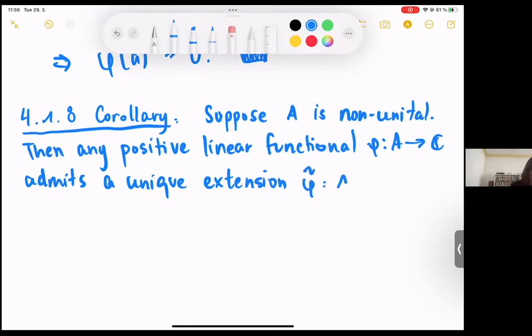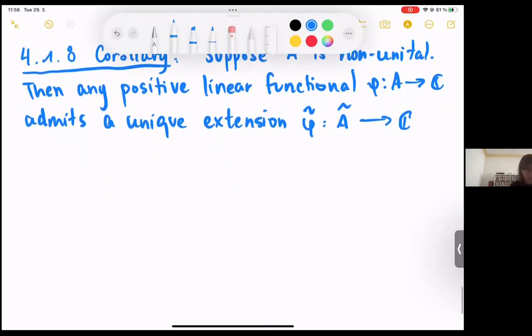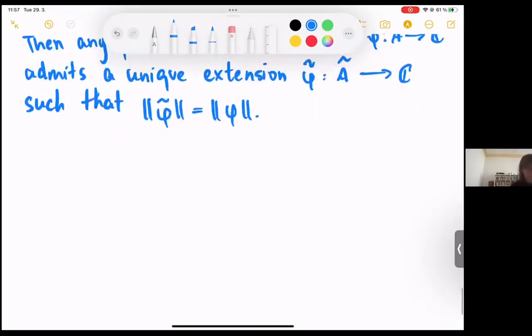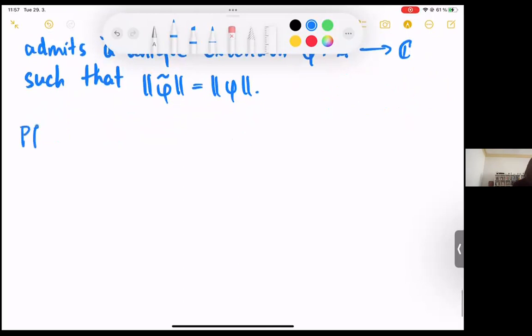So phi tilde, A tilde to C, A tilde denoting the unitization, and most notably, it preserves the norm. Okay, so the proof's not so hard. I'll let you fill in some of the details.